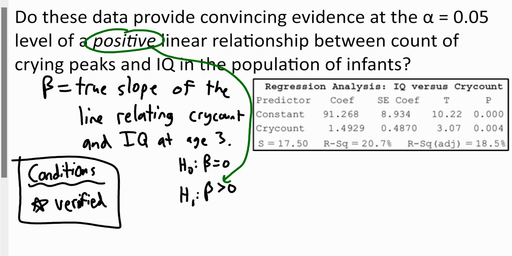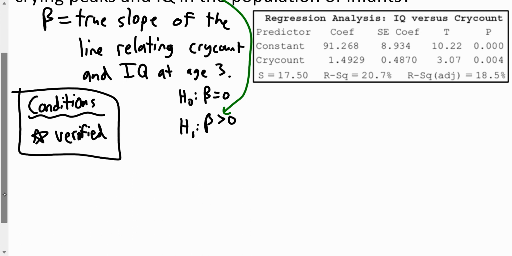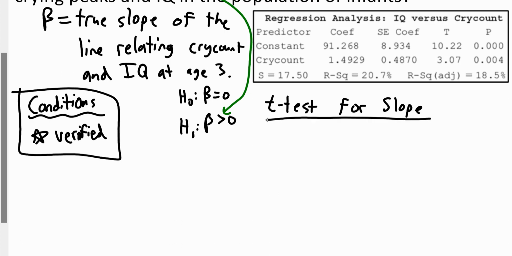Okay? Now, we want to run our test, and this is going to be a t-test for slope. And what do we need? We need a t-value, we need a p-value, we need our degrees of freedom. We don't even have to list the work for it. And guess what? We have most of that stuff. We have a t-value. We have a p-value for a two-sided test.